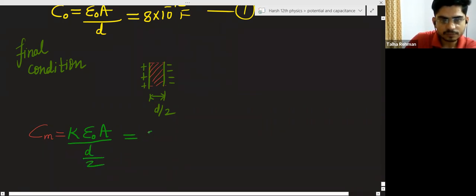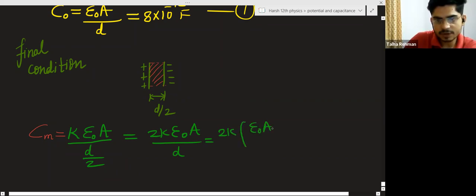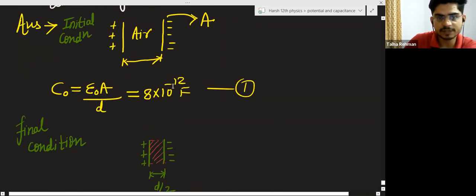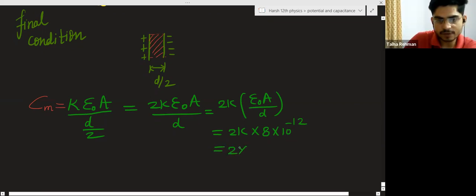So this will become 2K epsilon naught A by d. Epsilon naught A by d is given to us as 8 into 10 raised to minus 12. So this is 2, and the value of K is 6.